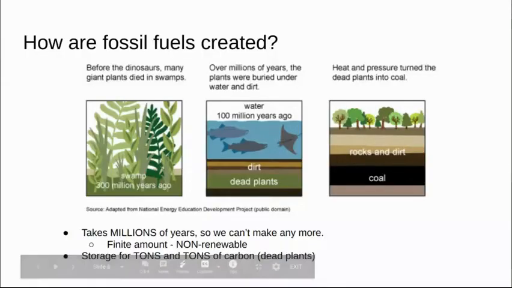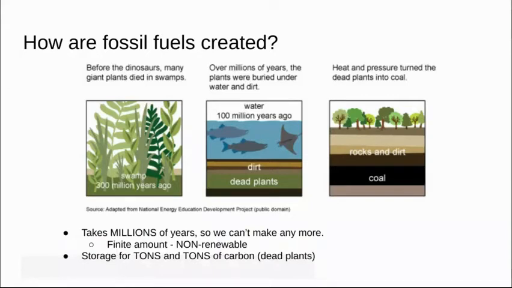I know what fossil fuels are, coal, oil, and natural gas, and how we use them now, but how are they created? So I've sort of started going over this, but basically before the dinosaurs, so millions and millions of years ago, there were lots of plants and trees and things that grew, and lots of them fell into swamps and they got buried and covered by dirt and water.